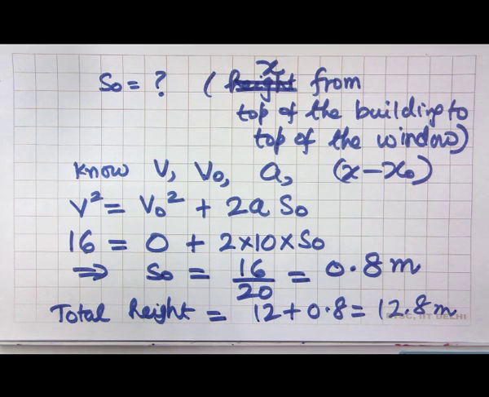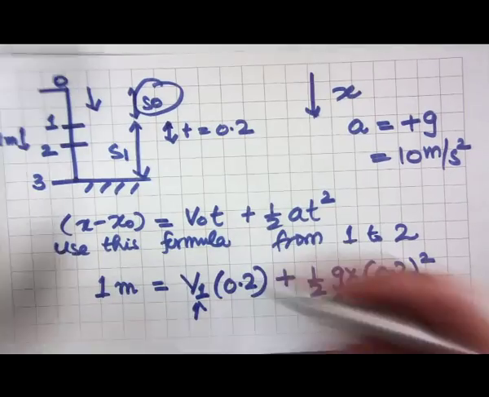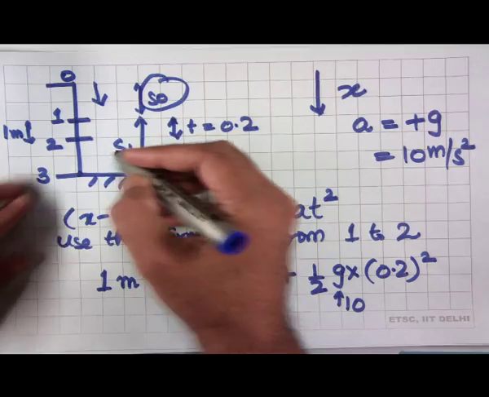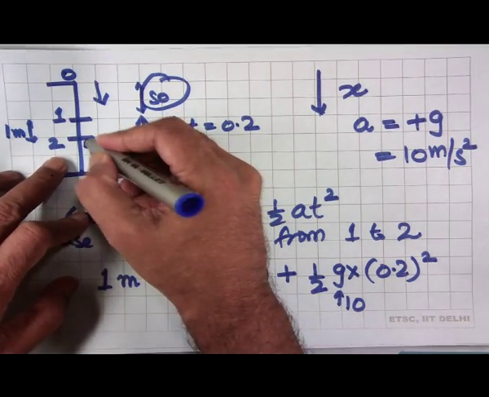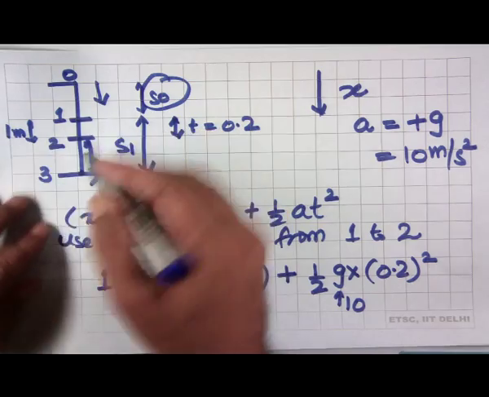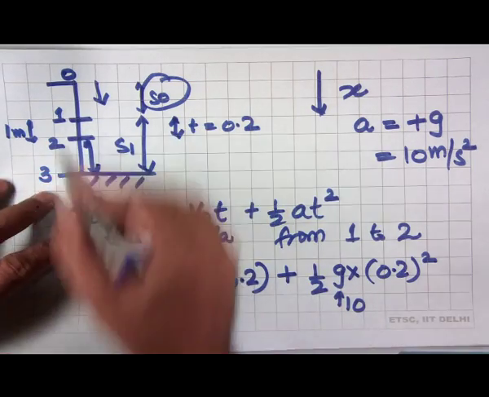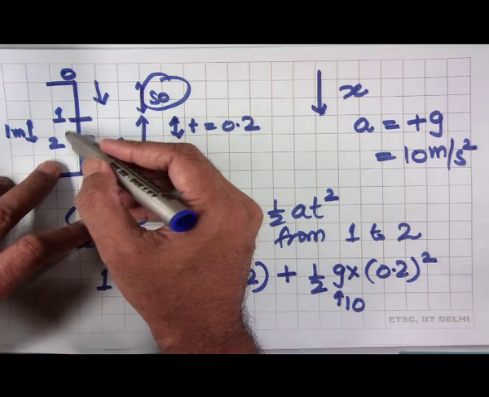So, now, well, we have obtained this solution using one set of formulas. Someone else could have divided this distance from 2 to 3, worked out, because we know the time and the velocity at 1 and the distance.